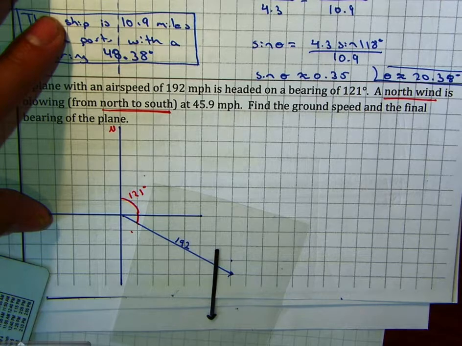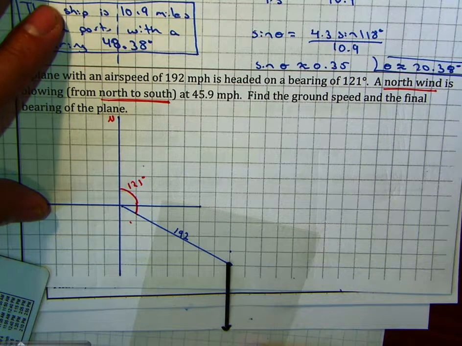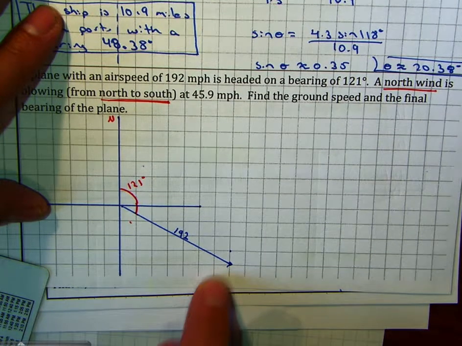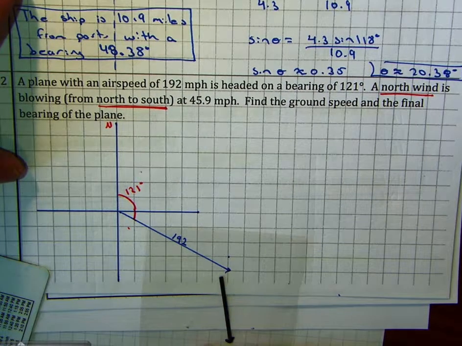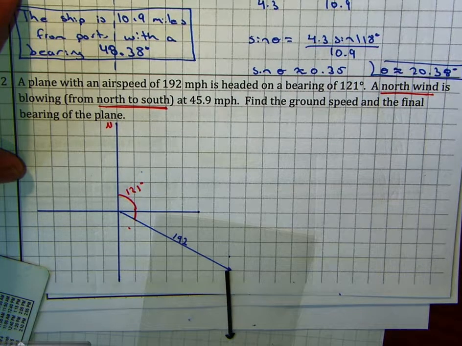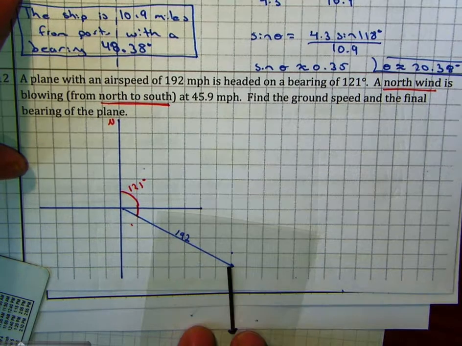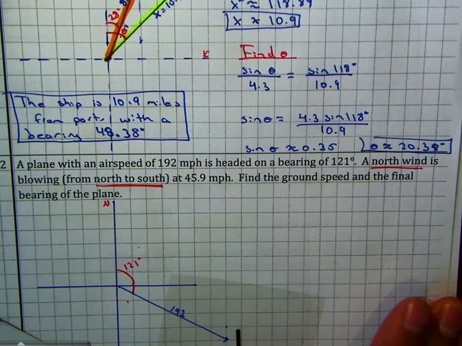So therefore, I probably just need a little more space underneath. I'm going to place 45.8 and I'm going to extend my plane.